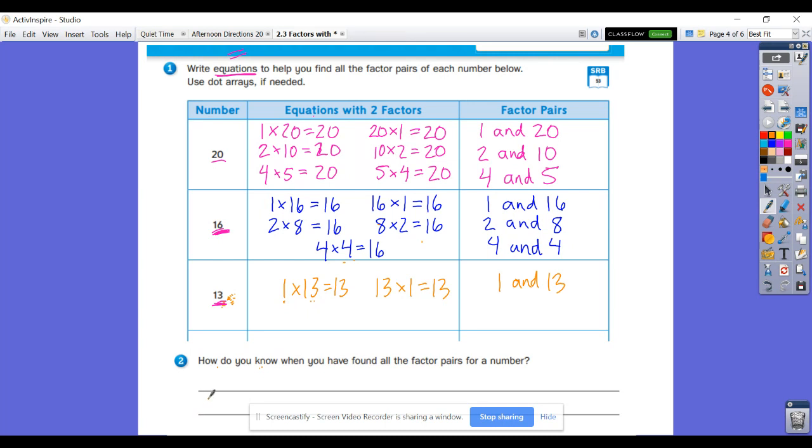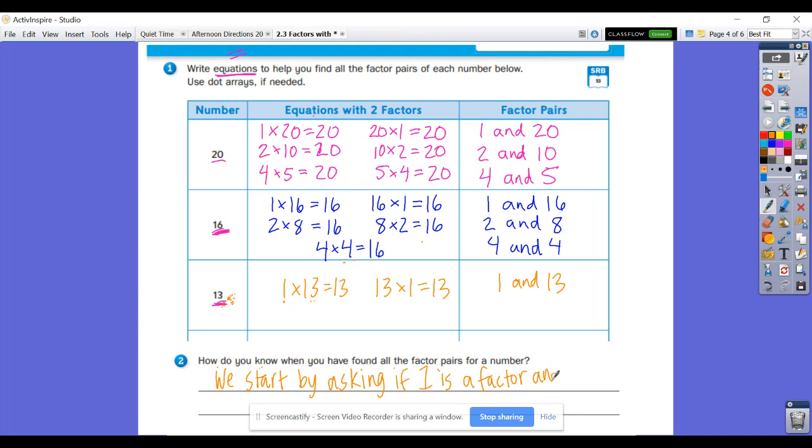So let's put that. We start by asking if 1 is a factor, which it always is, right? Because 1 times itself will be.